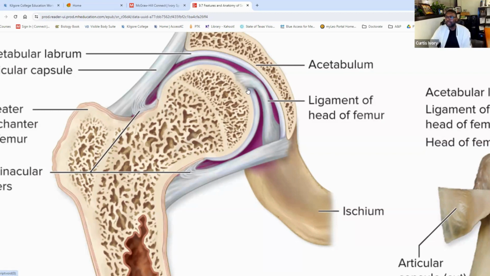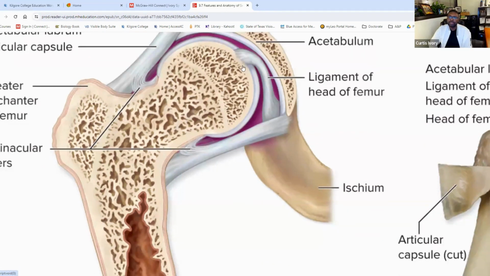Now, that ligament is not necessarily for stability. There is a blood vessel that runs through here. That blood vessel is going to essentially allow for nutrients to come into the bone and leave the bone, as well as transfer fluid into the synovial fluid.